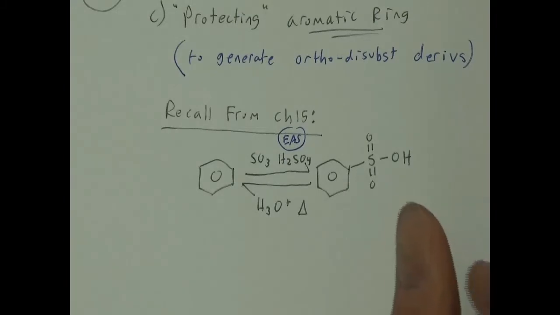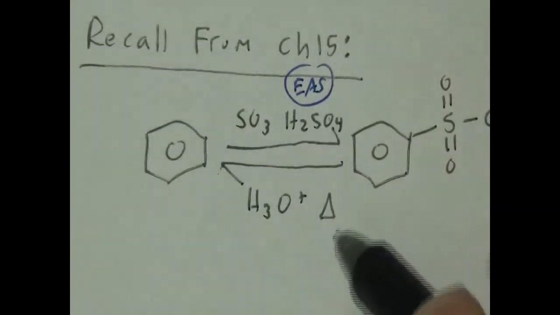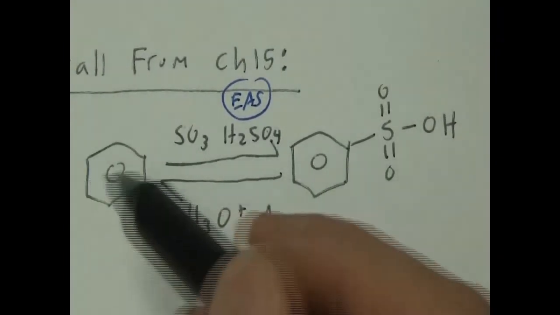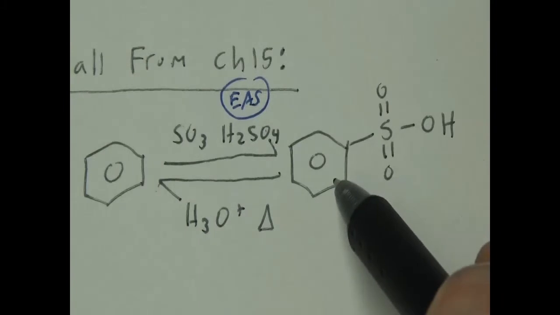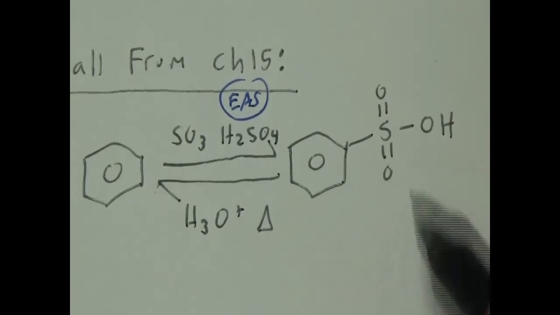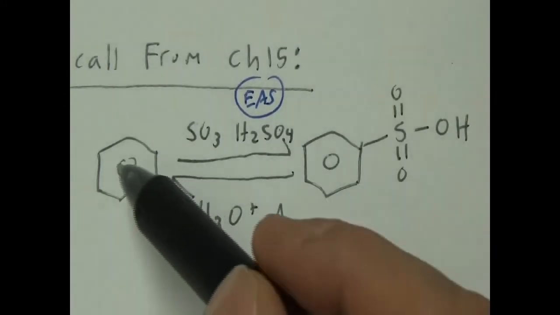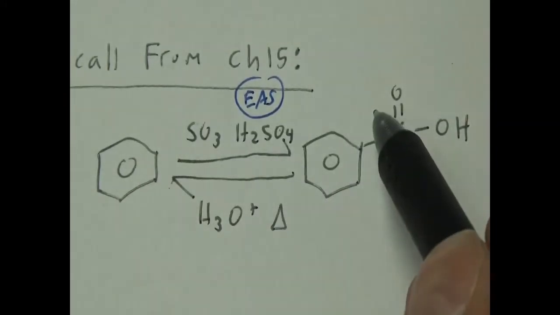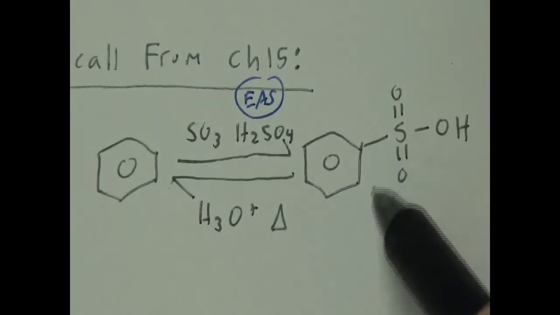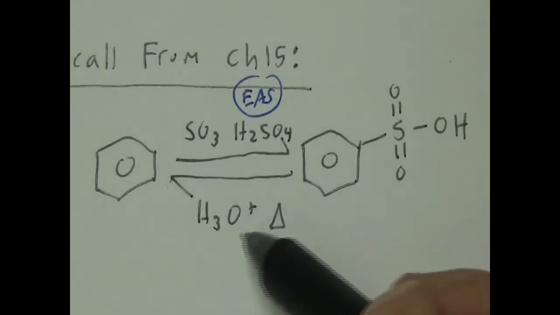Okay? And this is actually one of the homework problems in chapter 15, proposing a mechanism for this to go backwards. I think it is basically the exact opposite: if you go from here to there and draw the mechanism, this is the exact opposite. See, it's the key intermediates going backwards, right? And that's how you do the acid hydrolysis.